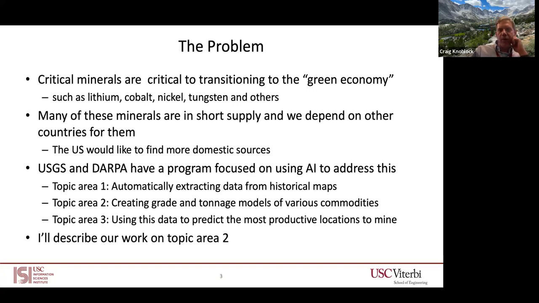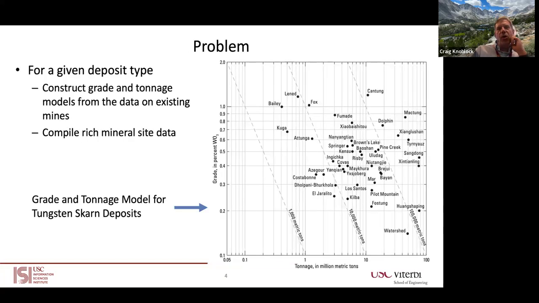But a little bit more about the problem first. What happens here is that we're given a particular commodity and a deposit type for that commodity. A deposit type refers to the type of geological formation that created that particular deposit. What they want to do is create something called a grade tonnage model, and an example is shown on the right.